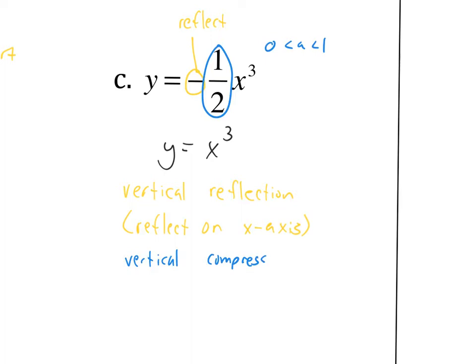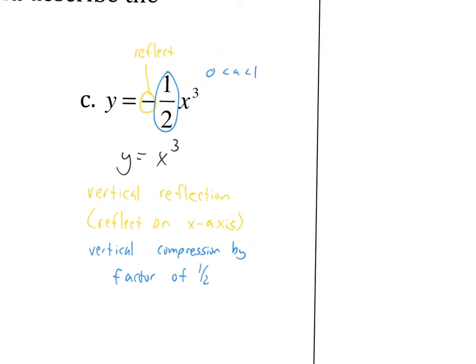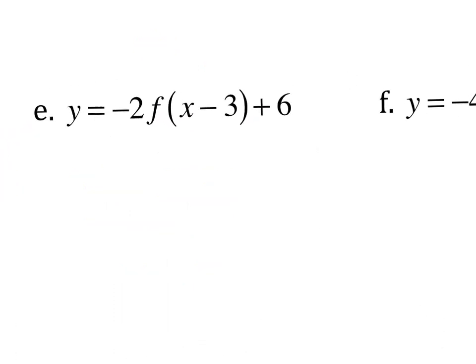We squash it down a bit by a factor of half. So the full description of this would be the parent function is a cubic, y equals x cubed. The negative tells me it's a vertical reflection, and we also are going to compress this function by a factor of 2, or 1/2.